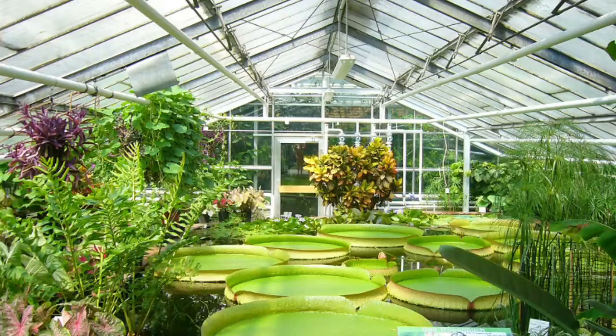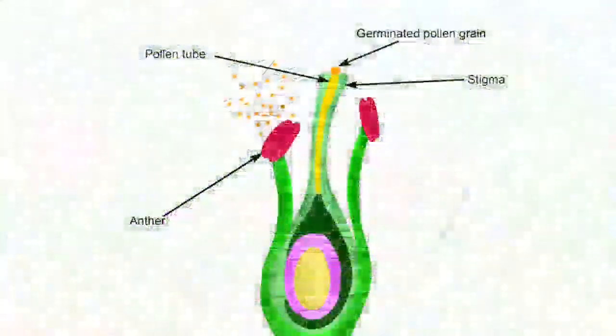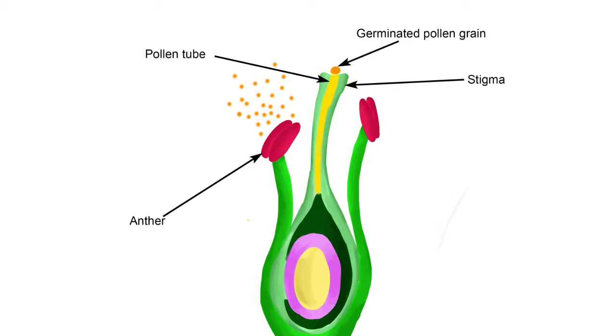Immediately after pollination, that is when pollen grains land on the stigma, a pollen tube arises from a pollen grain. Each pollen tube has male gametes, or the male reproductive cells. The pollen tube elongates and grows through the style to reach the ovary, where the ovule is present.